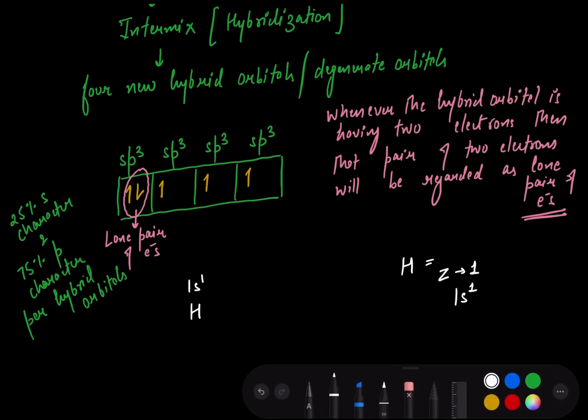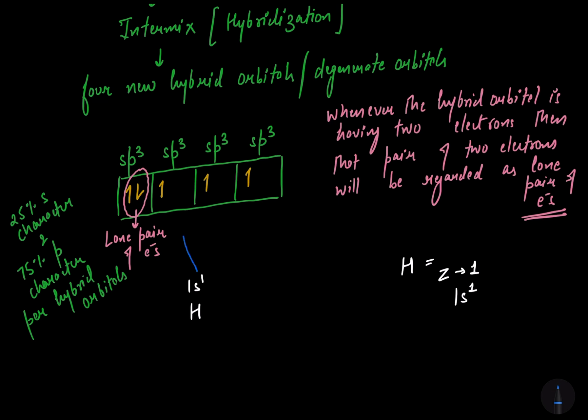Now this s orbital of hydrogen will have a head-on overlap with the sp3 hybrid orbital of the nitrogen to form the sigma bond, and this sigma bond will be obviously sp3s. Why so? Because this sigma bond has been formed by the head-on overlap of sp3 hybrid orbital of nitrogen with the s orbital of the hydrogen.